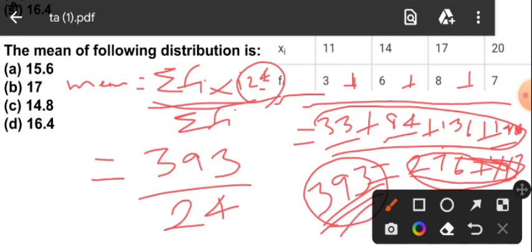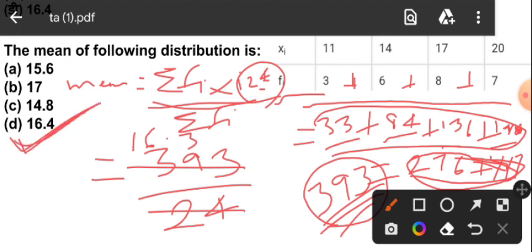So let's divide it. 24 will divide once. 1 into 24 is 24, 39 minus 24 is 15, 153. 24 into 6 will be 144, and then the point. I am confirmly sure that the answer will be 16.4, option number D, right?